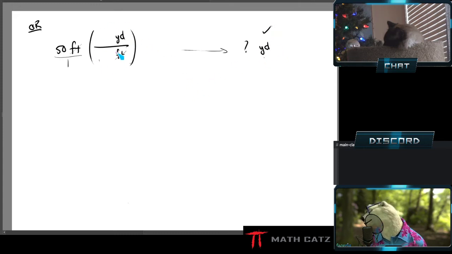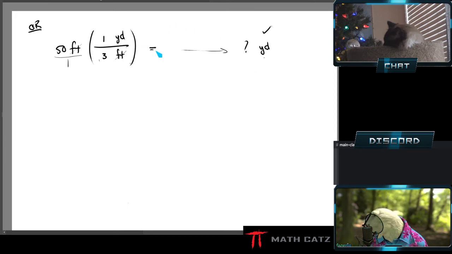This reference pair is going to be 1 yard and 3 feet, which is essentially the same distance, the same length, right? So I'm not changing the original length of 50 feet because 1 yard is exactly the same as 3 feet. This is sort of like multiplying by 1. I'm not changing the original quantity. I'm simply converting it to a different unit.